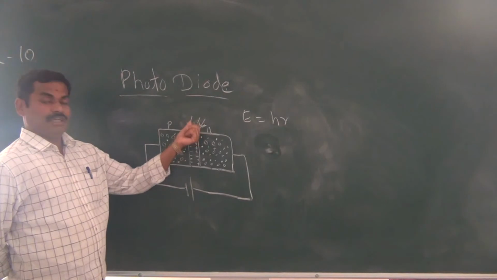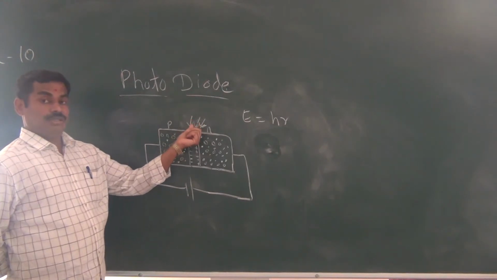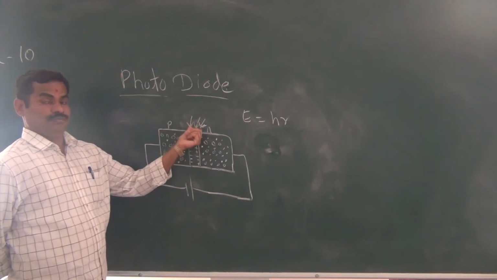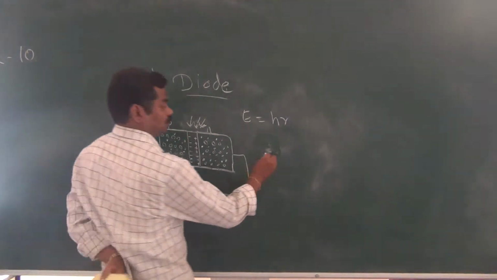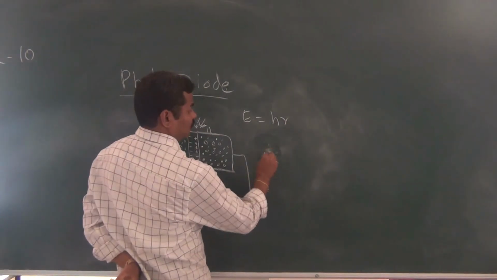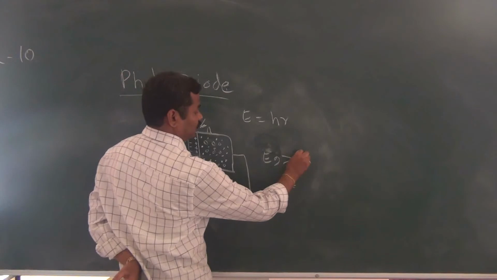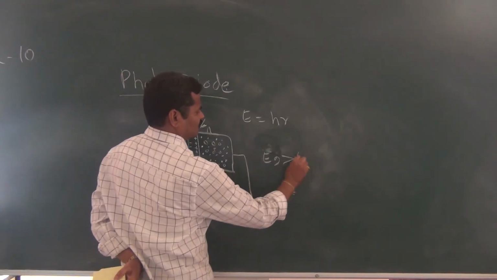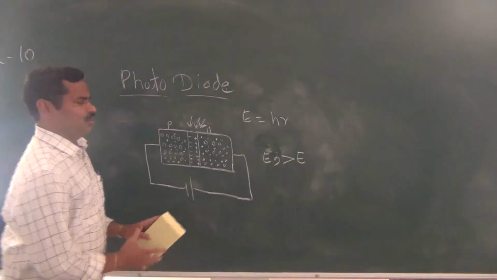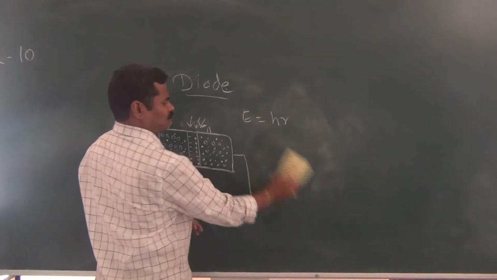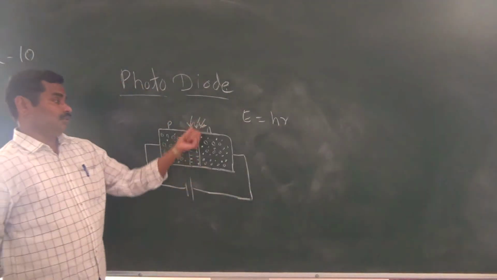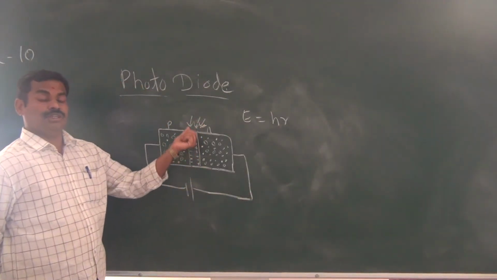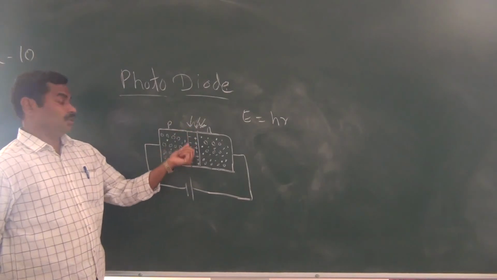You are applying some light energy that should be more than the Eg. It means we can write about the energy on the junction that should be more than your Eg.